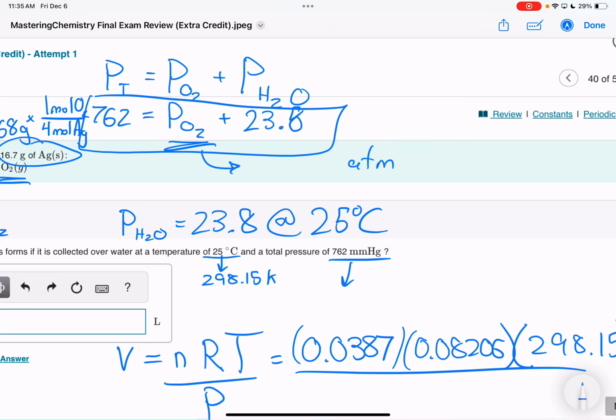So I get 738.2. And I'm going to divide by 760 to get the pressure of just the oxygen in atmospheres. Now I can plug that in down here to get my volume.